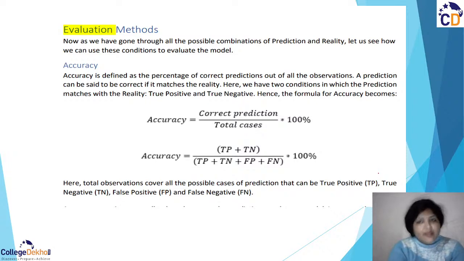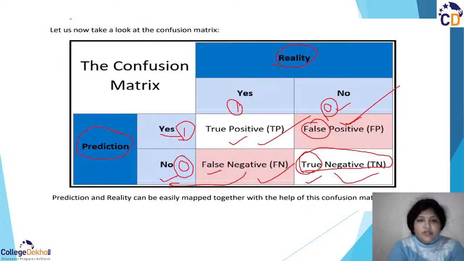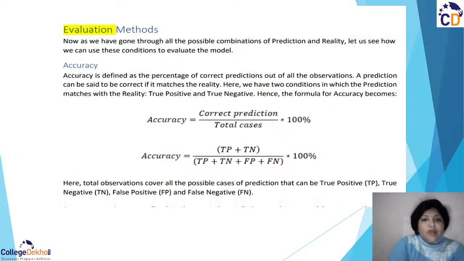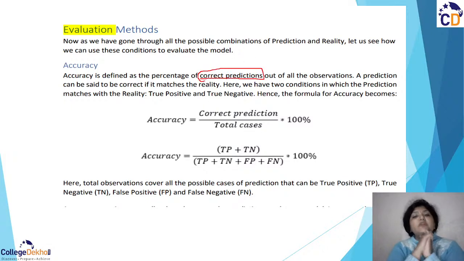So let us see how to use these four conditions in accuracy. What is accuracy? Basically accuracy is defined as the percentage of correct predictions out of all observations. It only talks about the correct predictions made by the system.